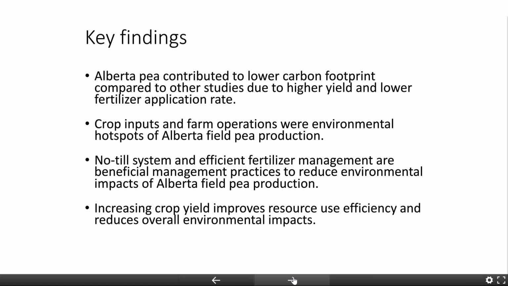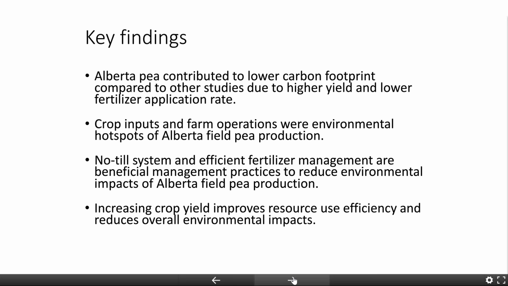And looking at perhaps getting some of that phosphorus down with your peas the year prior, and loading your soils for the crops that you will be seeding afterwards, where you may not have the ability to hit all the fertilizer requirements that you would need in row or with the seed, etc. So we know that that happens, and again, we know that with lower fertilizer application rates and higher yields, we have outperformed other jurisdictions in the world that have done LCAs.